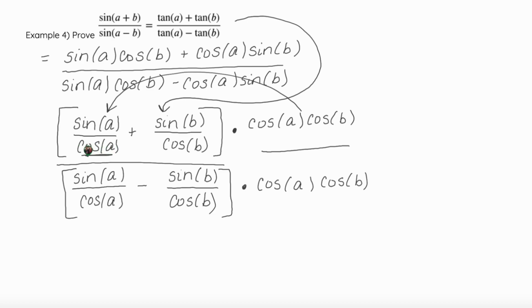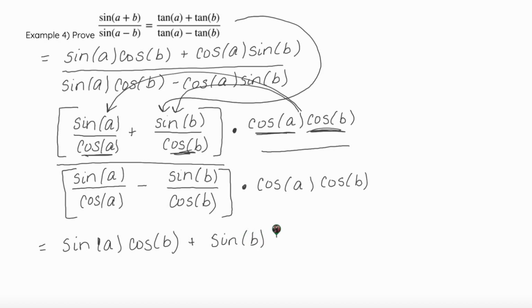So as I multiply this first one times our first term in the numerator, I'll notice my cosines of a are eliminated. So I'm left with sine of a times cosine of b plus, and I'll do the same here and here. And I notice this time my cosine of b's are eliminated. So I'm left with sine of b times cosine of a, all over, and I'll do the same with our denominator of our complex fraction.